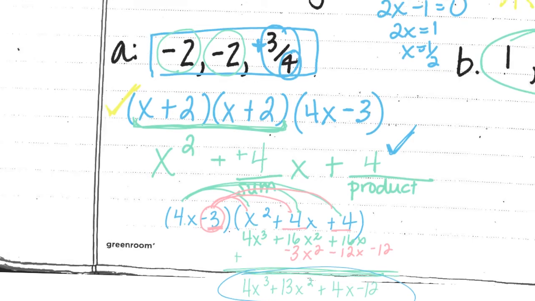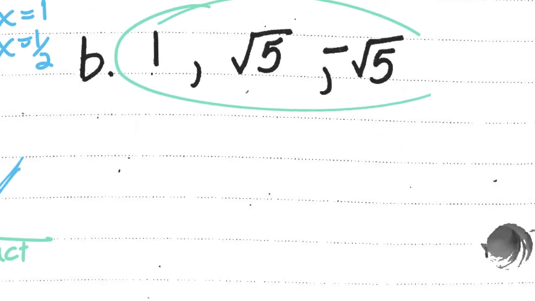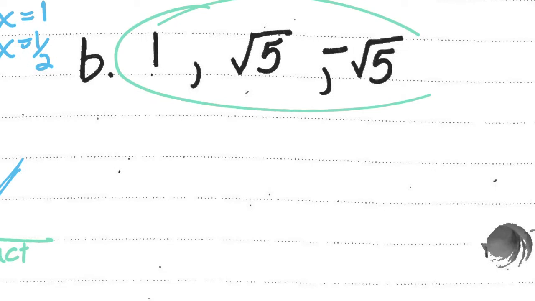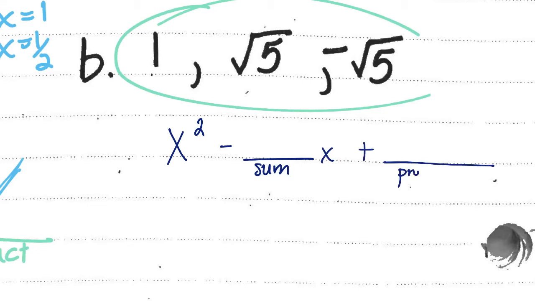Now, the reason why I like that formula is it's a little harder to do it this way when you're foiling. So let's go back to that formula. That's x squared minus the sum of x plus the product. Now, if I had to, I would choose these two.